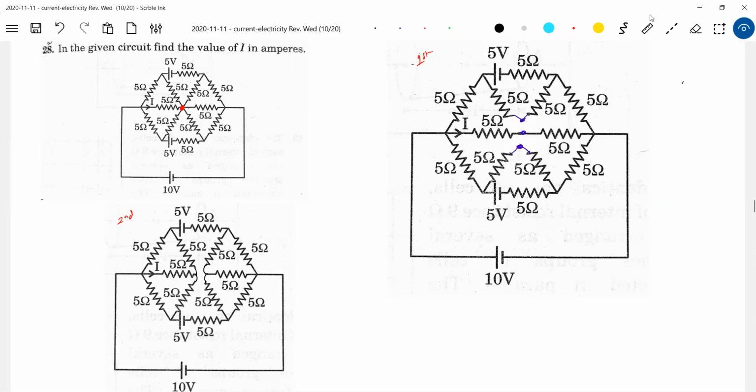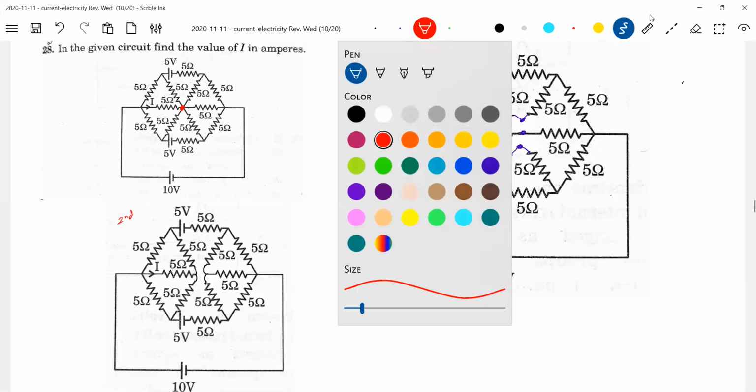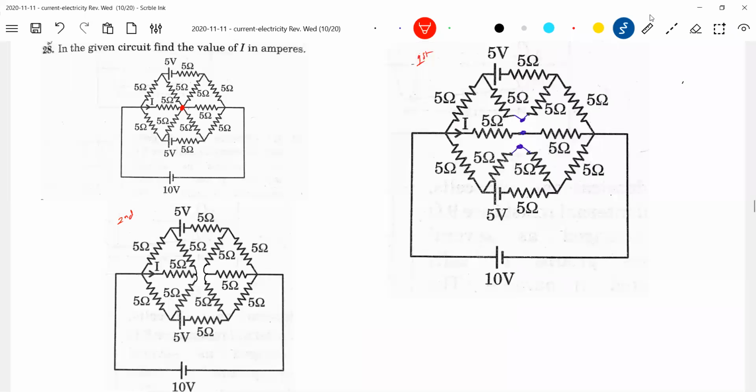You go for what is a cell? Charge of a cell should be conserved, no? The basic idea is that charge should be conserved. What current enters here, that much should leave. So I'll go for current distribution. Current I is given, so we'll put current I1 here, I2, I3.